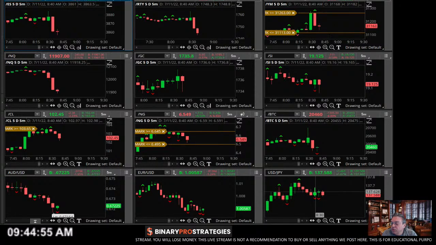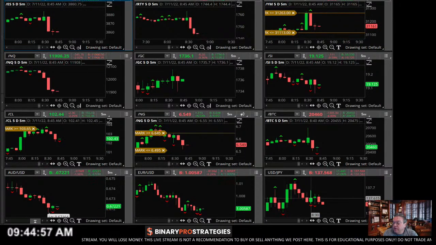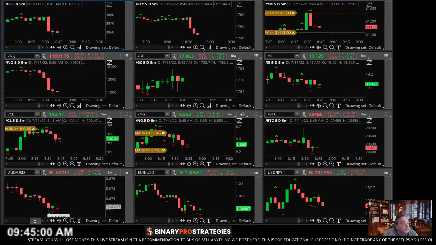Real strong pattern, these double shorts. Love those patterns. So that was a win on that US yen. Out of that.